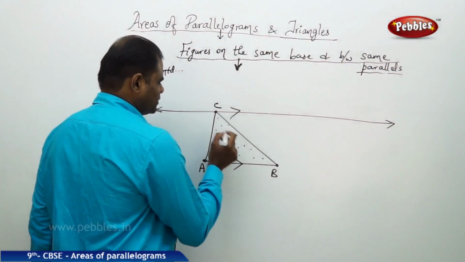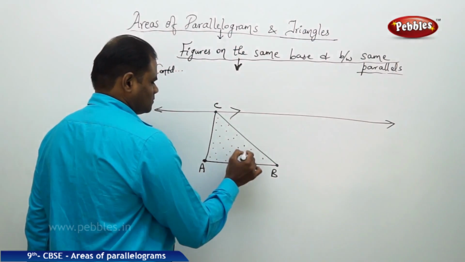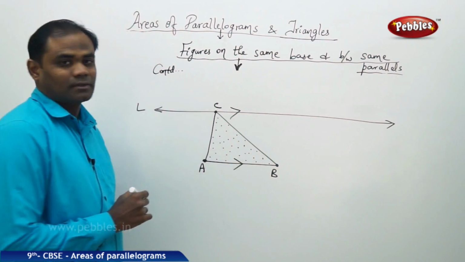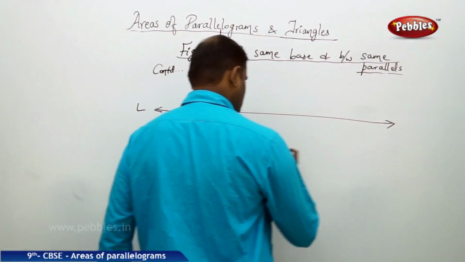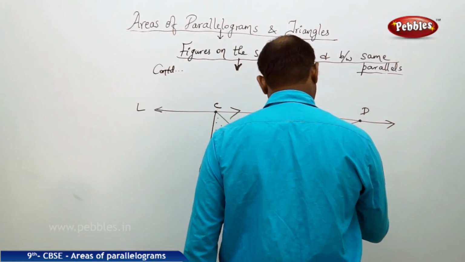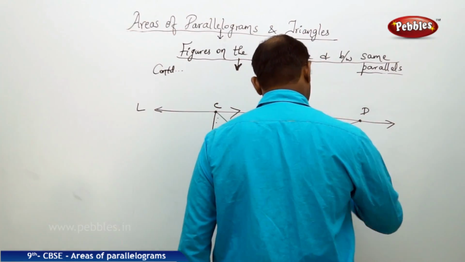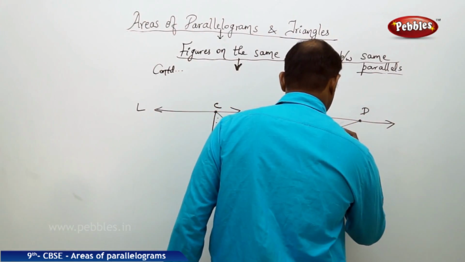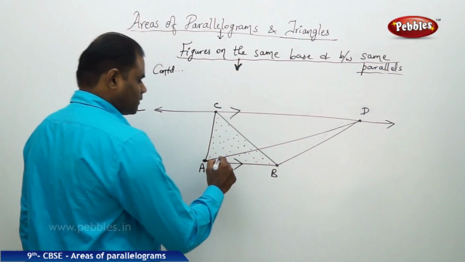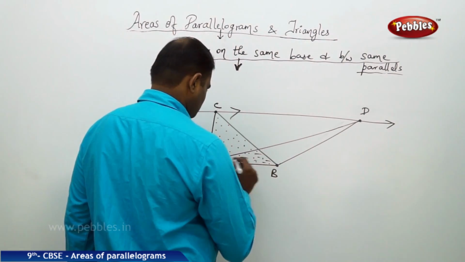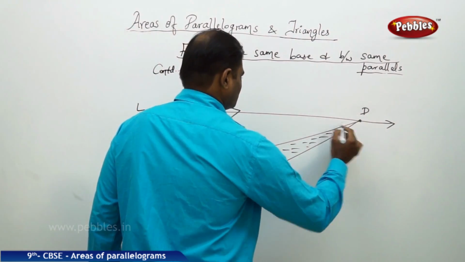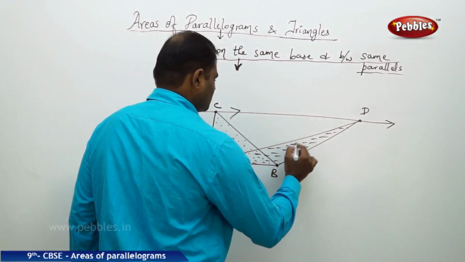This is one of my regions. Next comes another region in which I have a point D which connects with B. So I have another triangle with the shaded region out here.